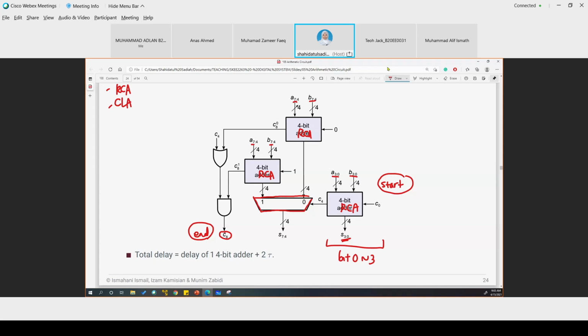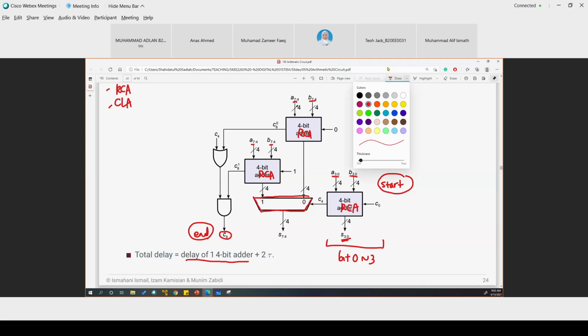The total delay of the critical path is going to be this, and then plus the multiplexer.